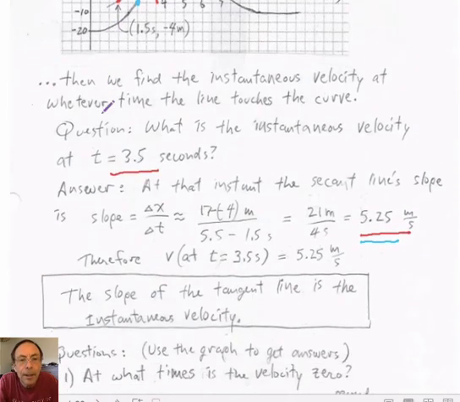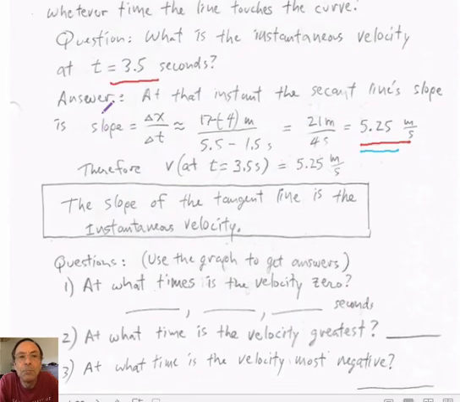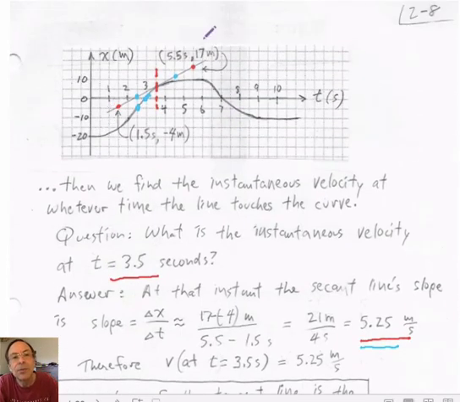And at what time is the velocity most negative? In other words, at what time is the slope going downward the most? What would you guess? Maybe 6 3/4 seconds, maybe 7 seconds, not quite.